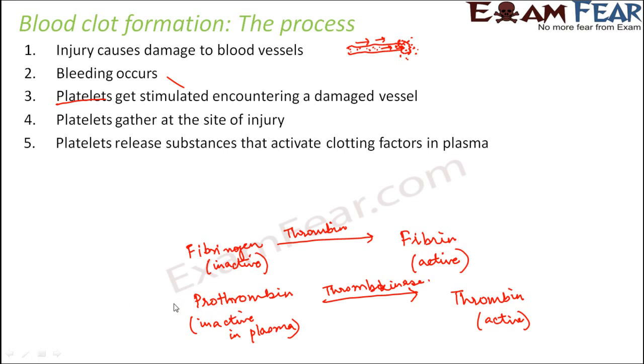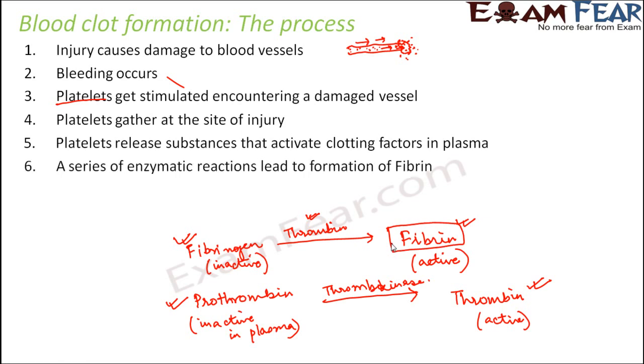So that is why the inactive prothrombin got converted into active thrombin, and this active thrombin helped to convert the inactive fibrinogen into active fibrin. And this fibrin actually helps in promoting the blood clot further. Now what happens? A series of enzymatic reactions lead to the formation of fibrin, and fibrin is the most important thing as far as the structure of the clot is concerned.